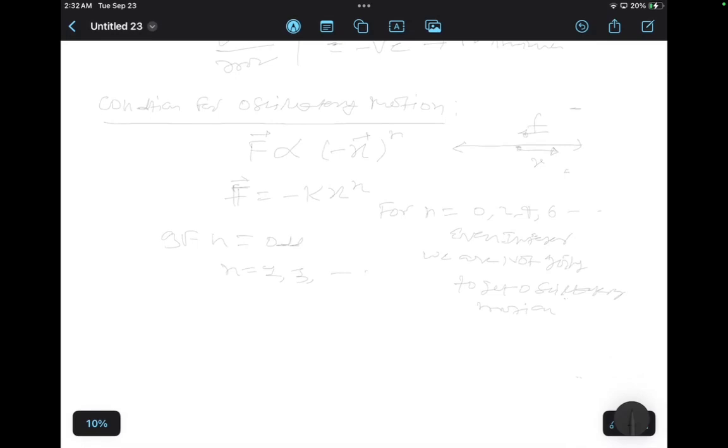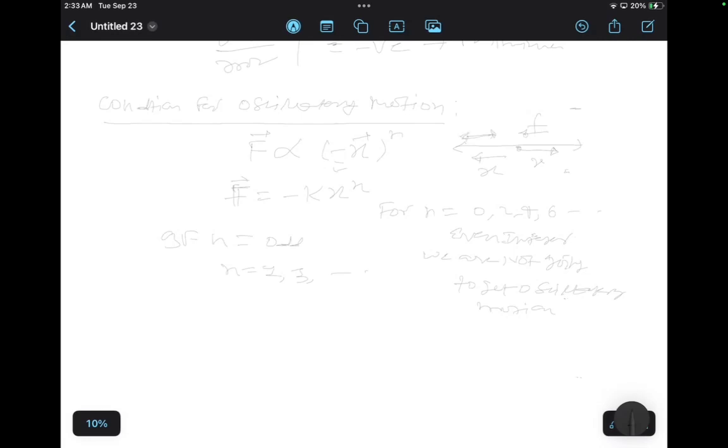You can figure out this thing very easily, because if you put 2 in that, then if our position is negative, this whole term is going to become positive. So the position is negative, that means the particle is displaced in this fashion, but the force is positive. If you put the square term, the force will be in this manner, so the particle is not going to come back.